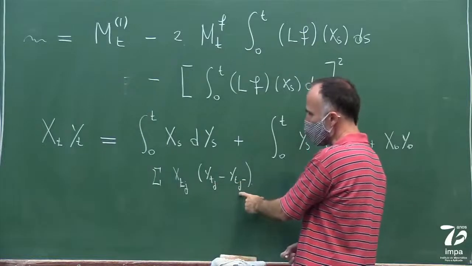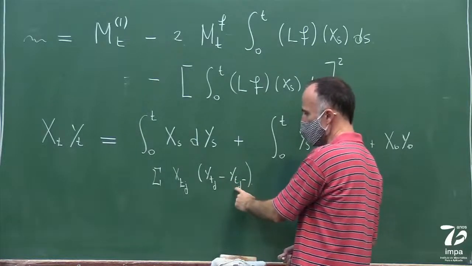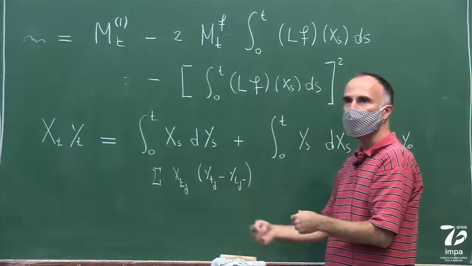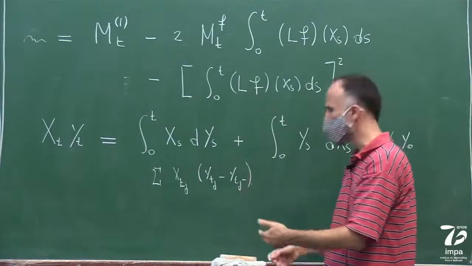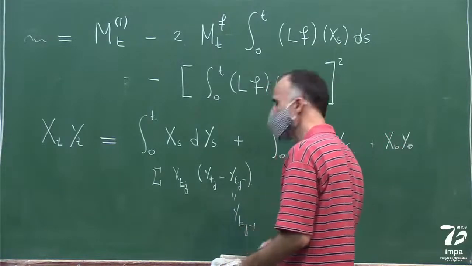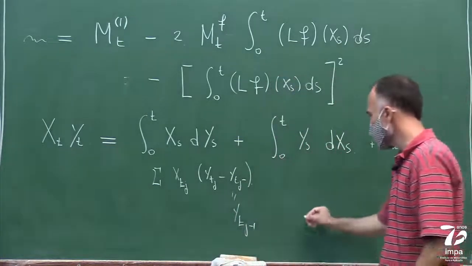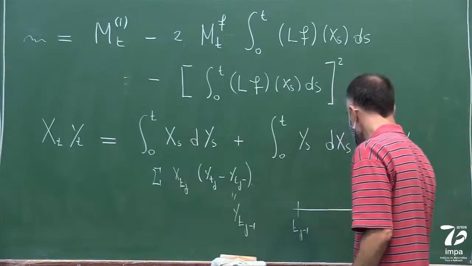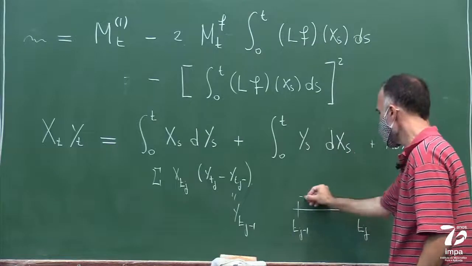But since it's constant in the interval, the value at t_j before the jump corresponds to the value at the previous jump, so this will be y(t_{j-1}). Okay, because in the interval from t_{j-1} up to t_j, the path is constant.